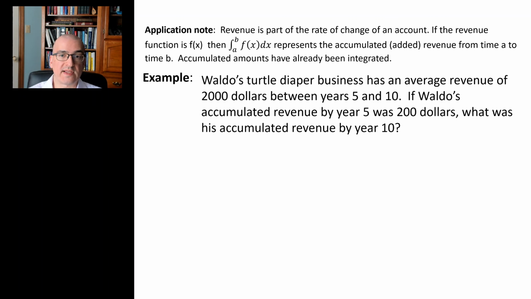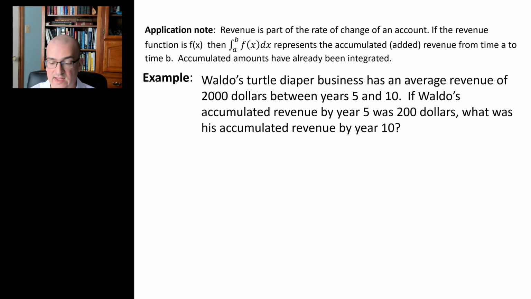We get the amount of money in the account. So the antiderivative from a to b of f of x dx represents how much has been accumulated between time a and time b. It tells us how much the account has grown by during that time. An accumulated amount of revenue is an amount that has already been integrated.